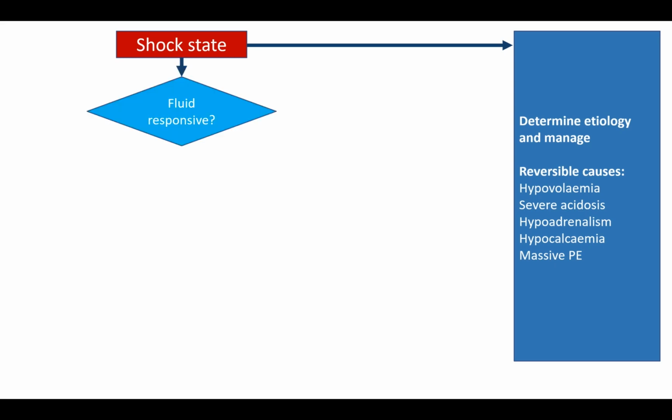If there is no obvious reason, next thing that you do for the patient is you need to assess for fluid responsiveness. If the patient is fluid responsive, then you need to continue with the fluid boluses.